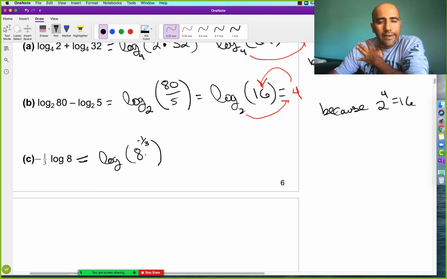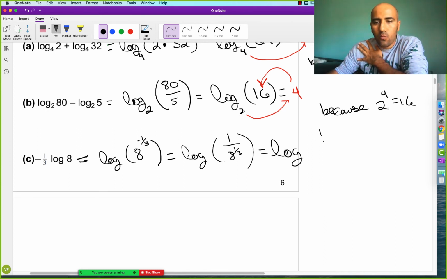Good. And negative 1/3, well, that's the same thing as log of 1/8 to the positive 1/3 power. And we know that that's the same thing as log of 1 over the cube root of 8. So that'll be log of 1/2.